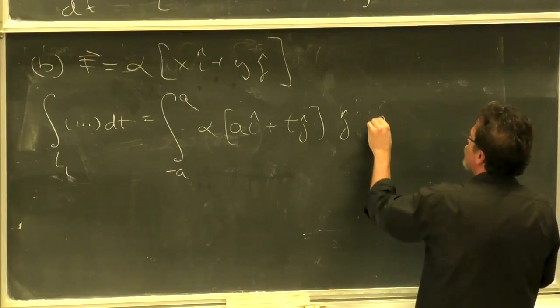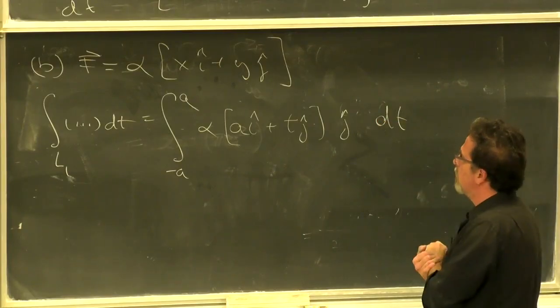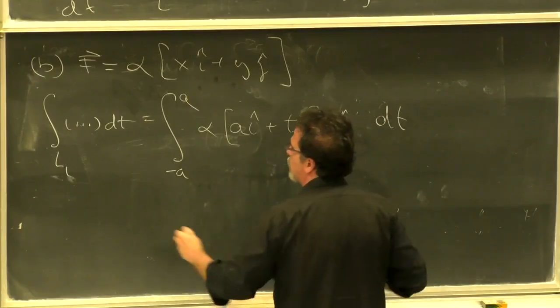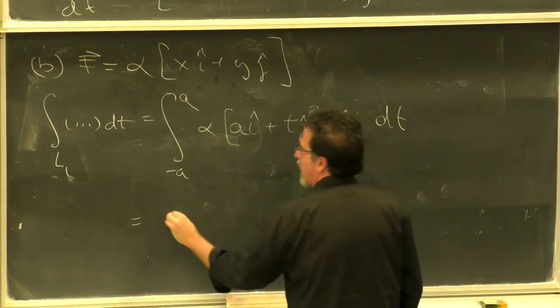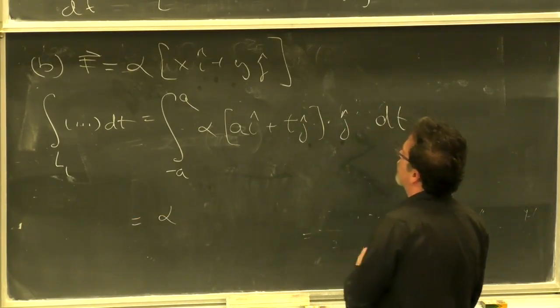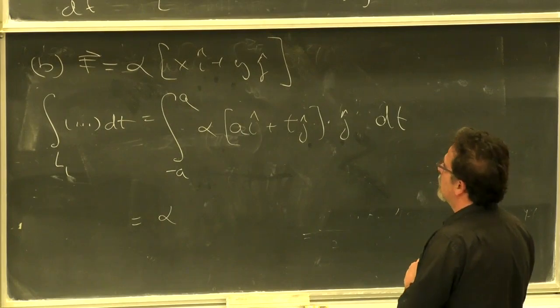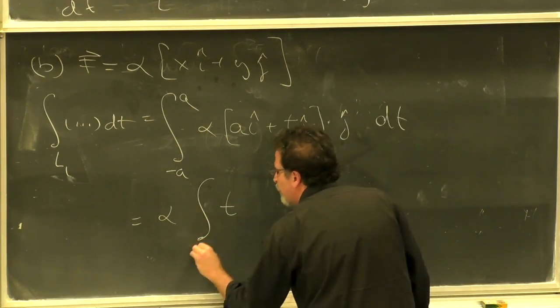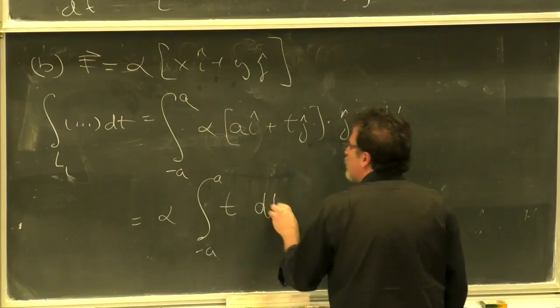And you have to integrate this with respect to t. Again, you have that j hat dot j hat issue, so you only care about this one right here. And so this thing becomes alpha times t integrated from negative a to a, integrated with respect to t.